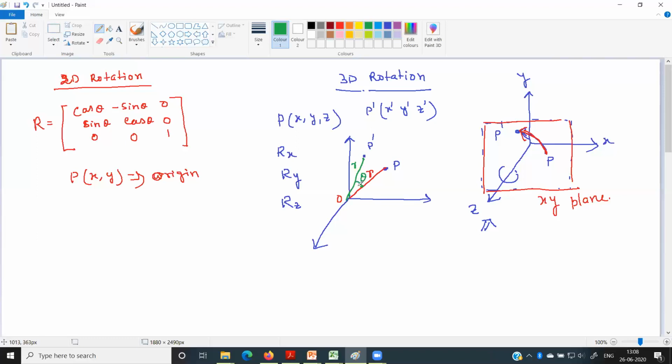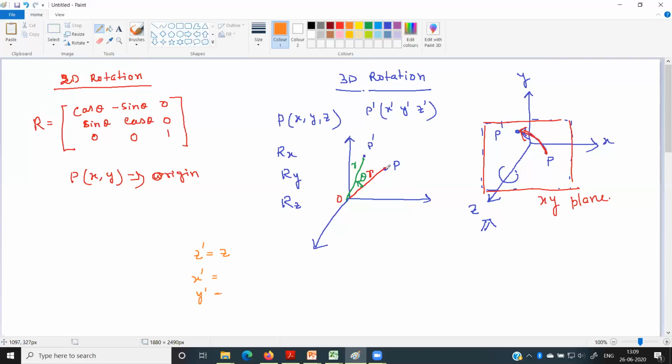So how can we compute the coordinates x dashed and y dashed? But z dashed, in this case, will be the same as z. I have to compute only x dashed and y dashed.